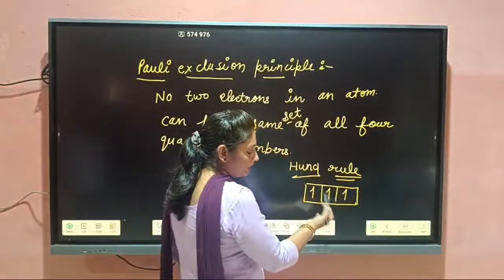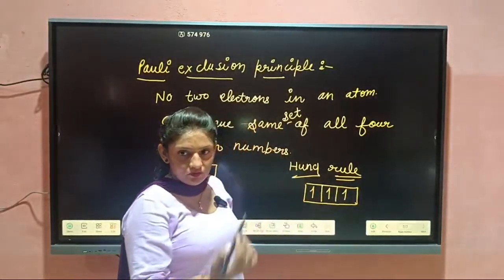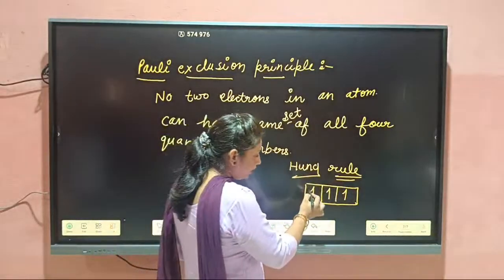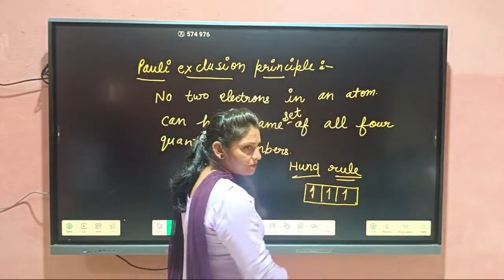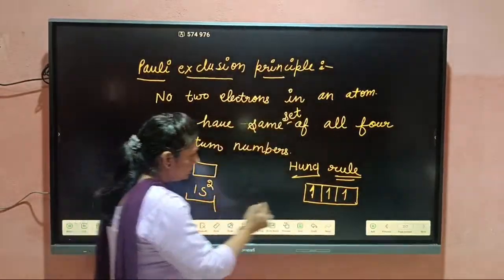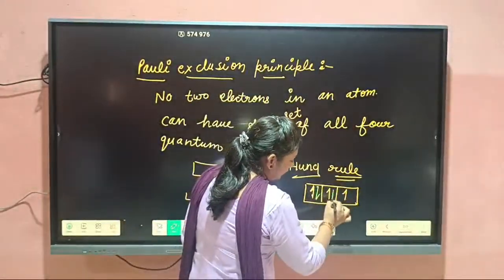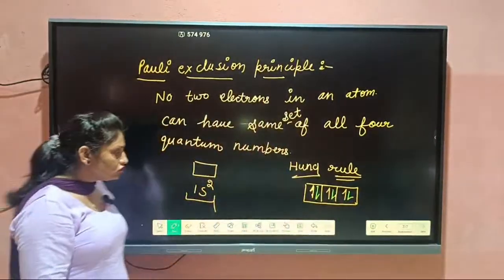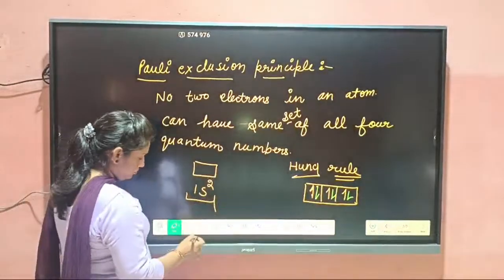Then we will start to do pairing. But in pairing, if one electron has a high spin, then the second electron will have lower spin.